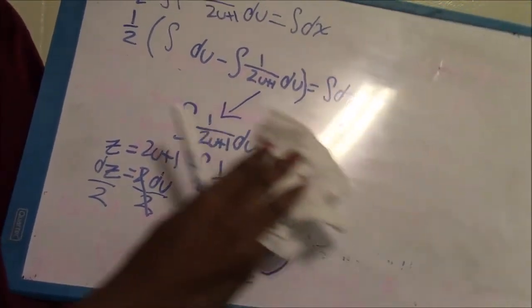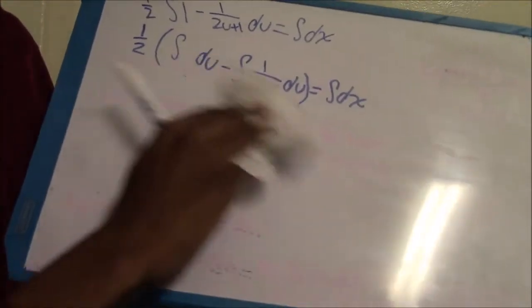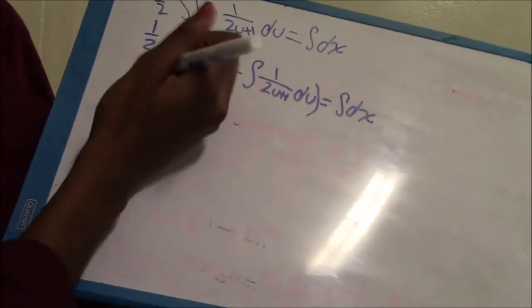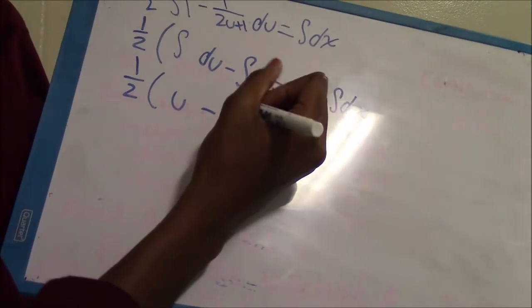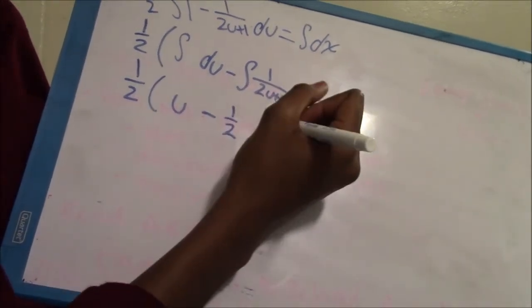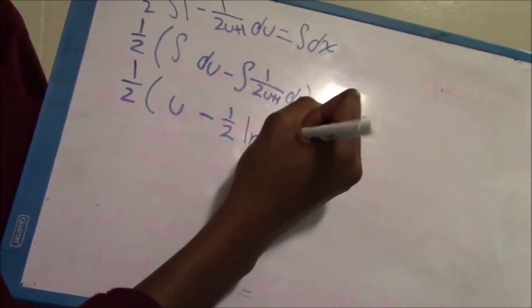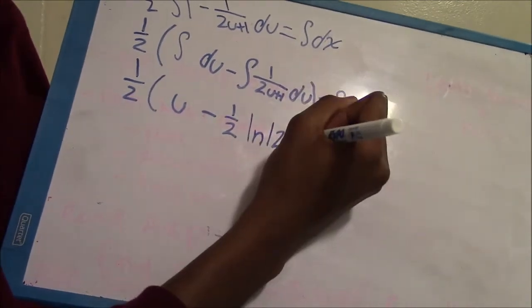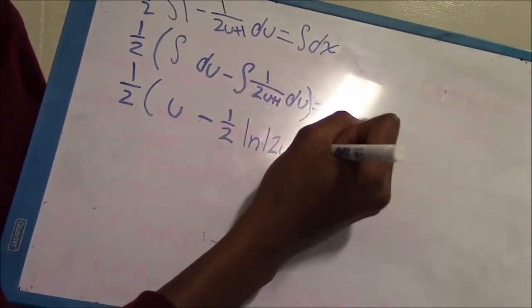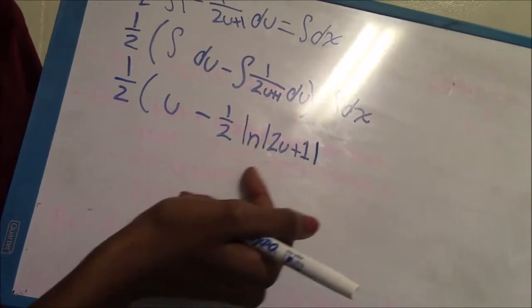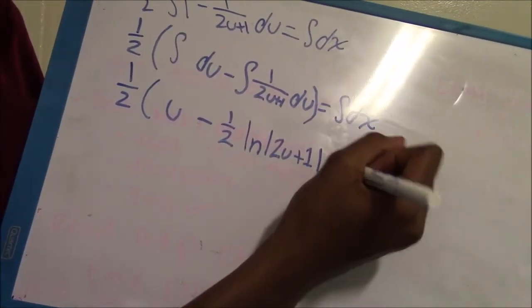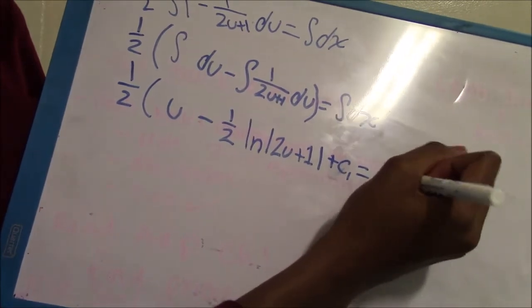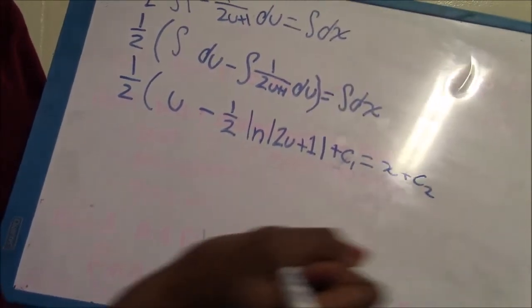So let's write that in. So now we know we have 1/2 times u minus 1/2 of ln of 2u plus 1, absolute value of course, plus c1 equals x plus c2.